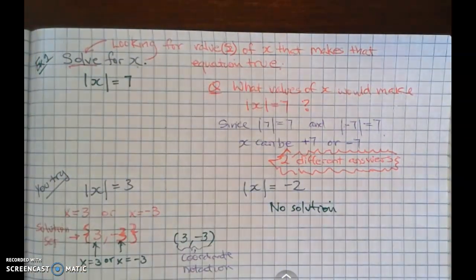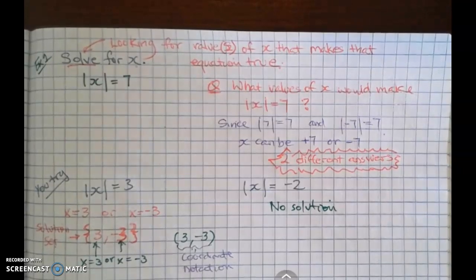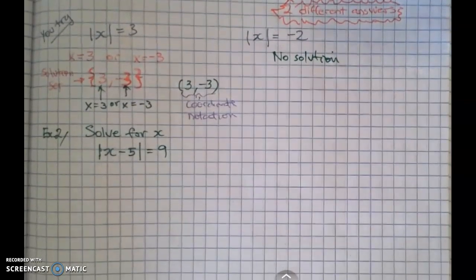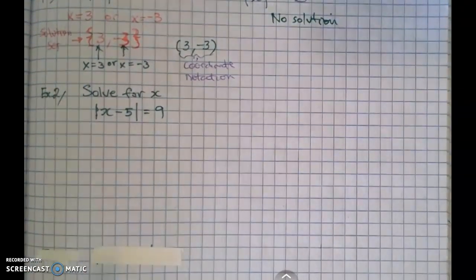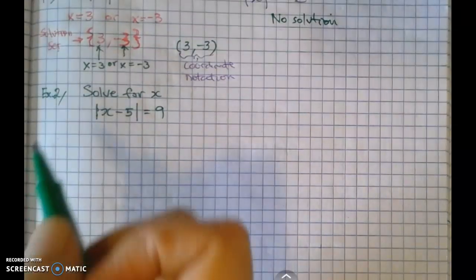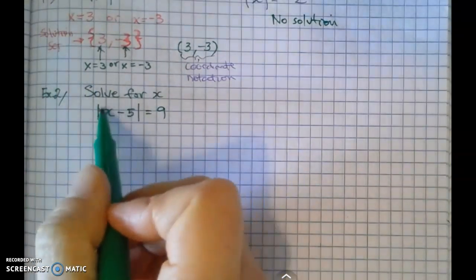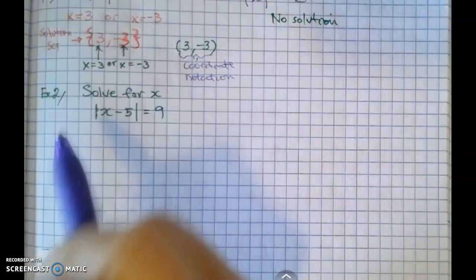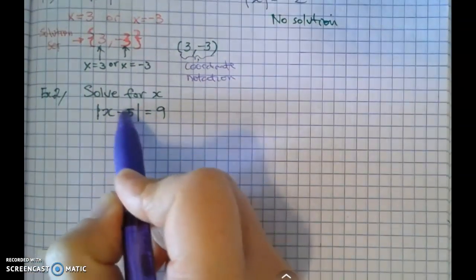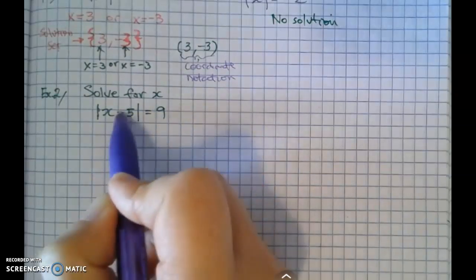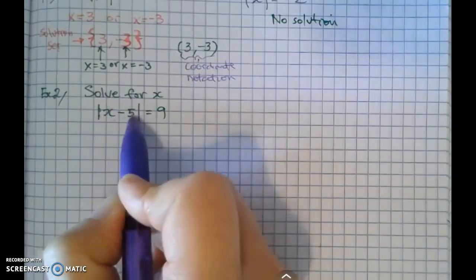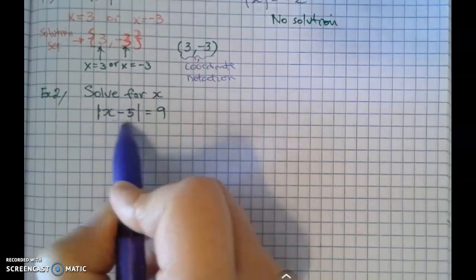All right, so then let's extend this a little bit more and try to solve some more difficult problems. I have another example. Solve for x: absolute value of x minus 5 is equal to 9. Once you apply the absolute value and it comes out 9, that means the value inside could be a positive 9 or a negative 9, right?